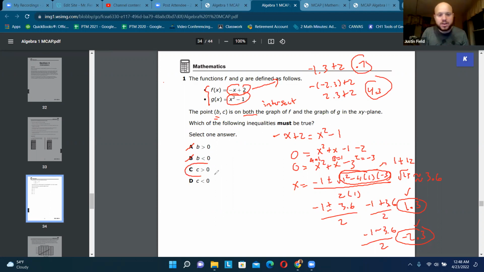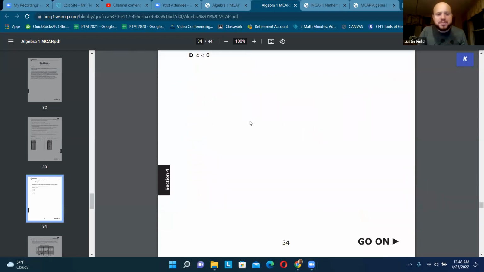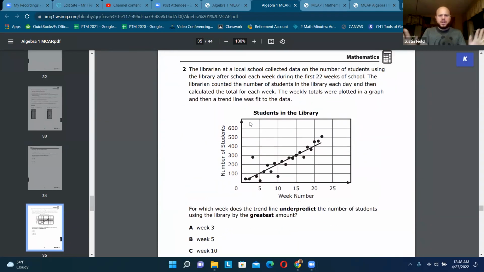So the answer, c, has to be greater than 0. All right, let's move on. Let's celebrate there for a second.